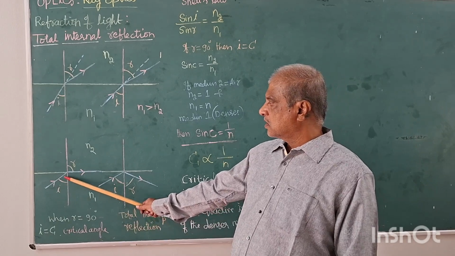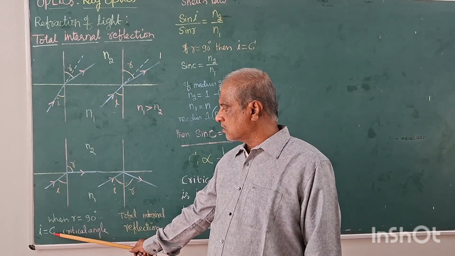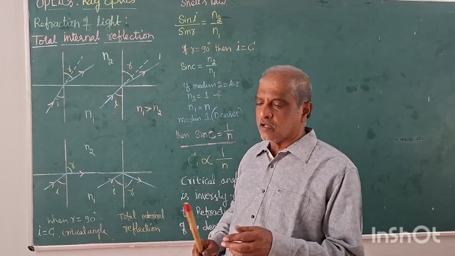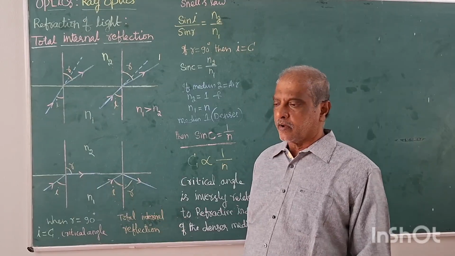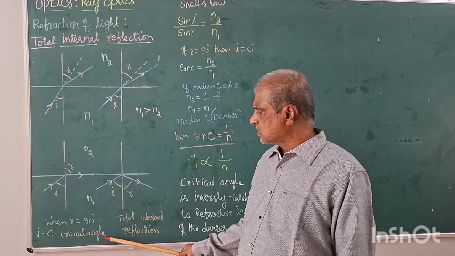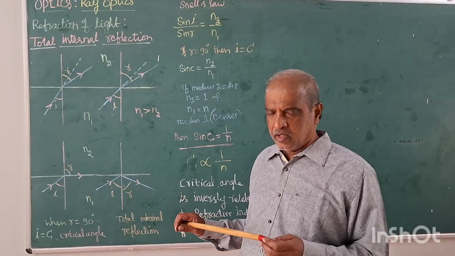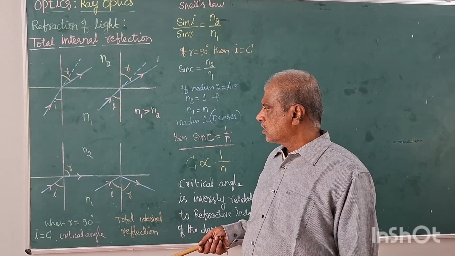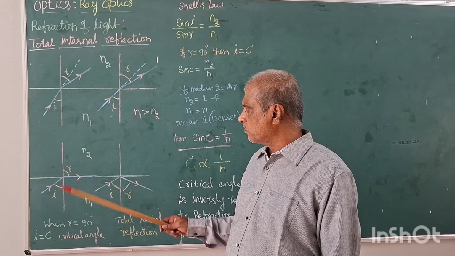At this condition, I is known as C. That angle of incidence is called the critical angle of a pair of media, and this is highly specific for a pair of media. This is the meaning of critical angle.